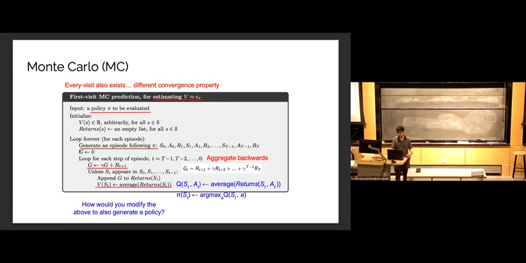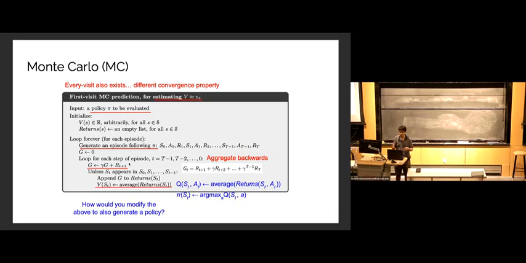So for each episode, you follow your policy pi, and you generate the state, action, reward trajectory. You initialize the return to 0, and you aggregate backwards on your return to compute the return starting from state S sub t.